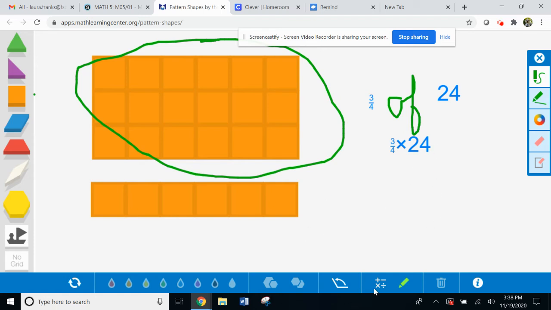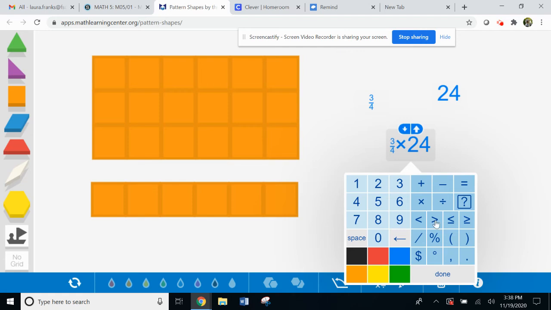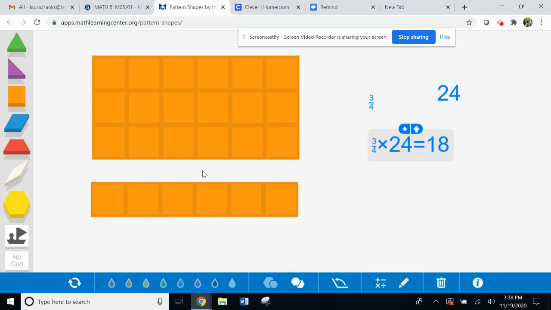So 3/4 of 24. Okay. 3/4 of 24 is 18, because this is by 3 groups of 4. 3 groups of 4. All right, so we did a little bit of a harder one.